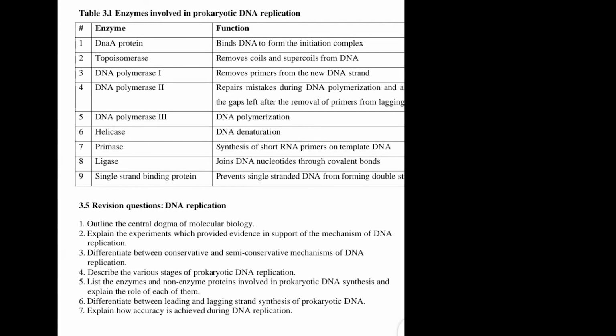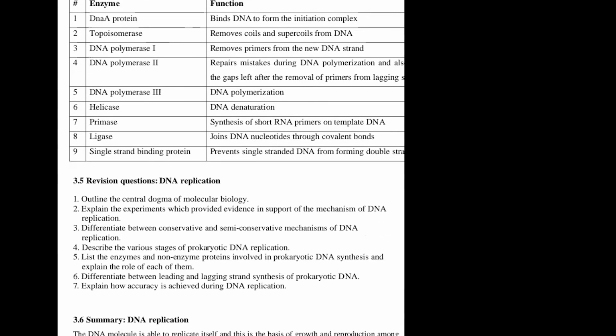Then helicase is involved in DNA denaturation, that is removal or breakdown of those hydrogen bonds between the nitrogenous bases, guanine, cytosine, adenine, and thymine. Then we have another enzyme known as primase. Primase is used in the synthesis of short RNA primers on template DNA. Primase is also known as RNA polymerase. You should take note of that.